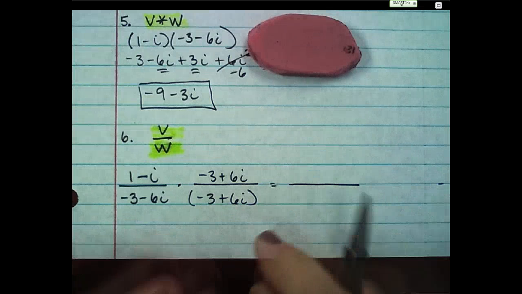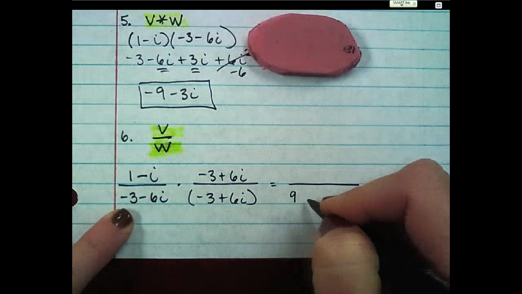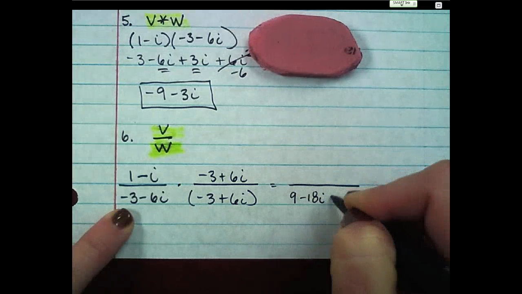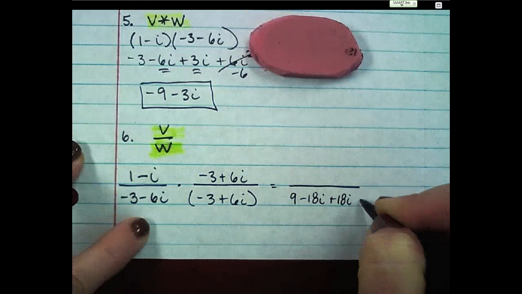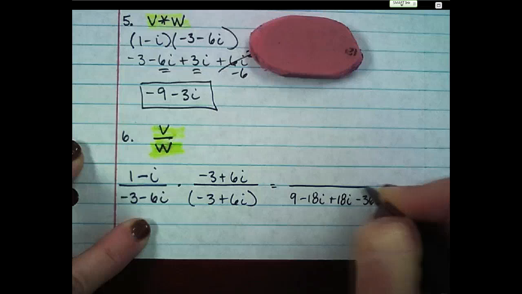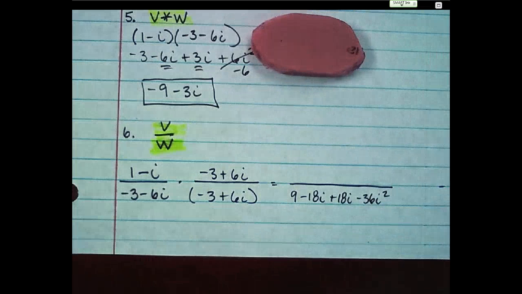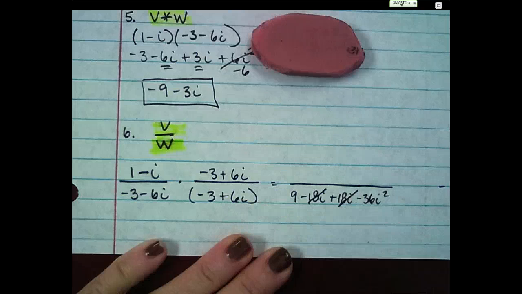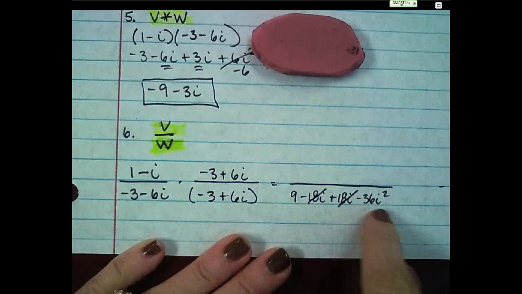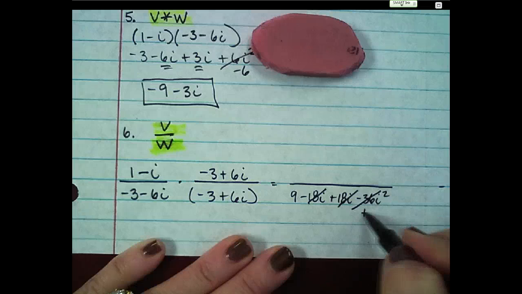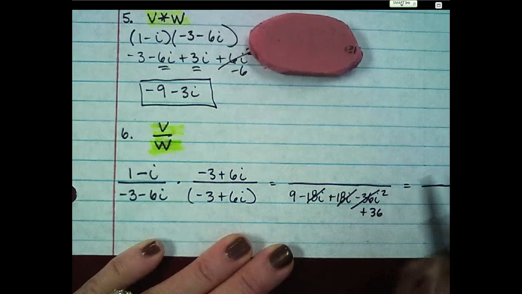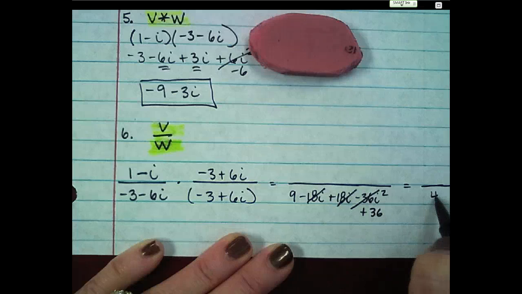So if you FOIL the bottom, you end up with 9 minus 18i plus 18i minus 36i squared. Now, these will cancel, and this is a -36 times a -1, so it becomes a plus 36. So in the denominator, you have 9 plus 36, which is 45.